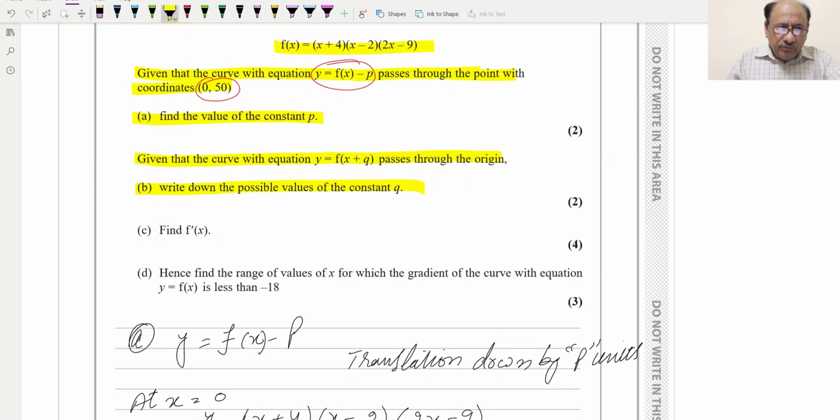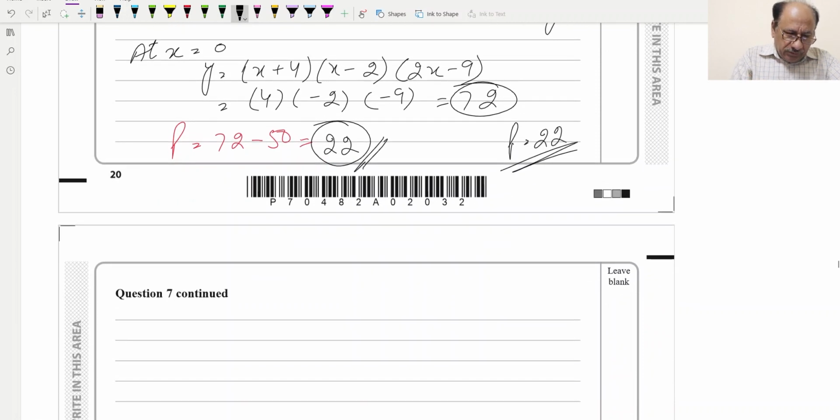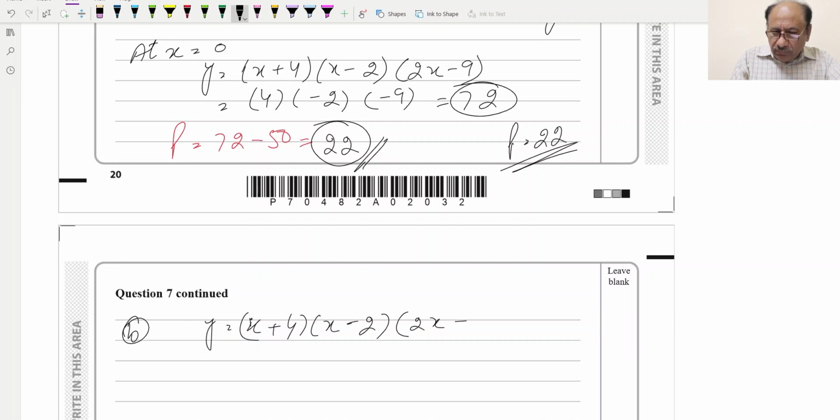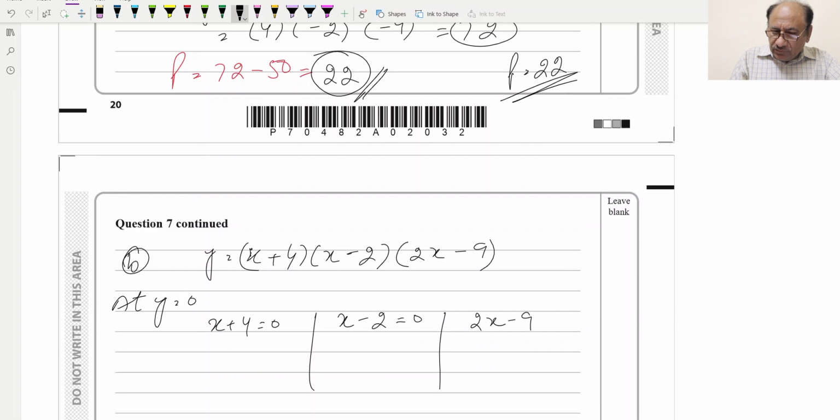So for possible values of q, in b part we can take the same equation, y is equal to x plus 4, x minus 2 and 2x minus 9, and y value will be 0 on the x-axis. So at y is equal to 0, x plus 4 is equal to 0, or x minus 2 is equal to 0, or 2x minus 9 is equal to 0.